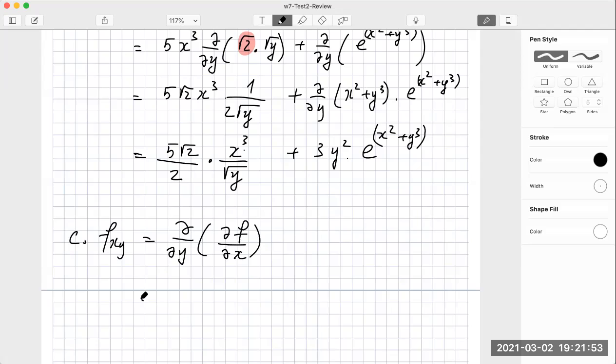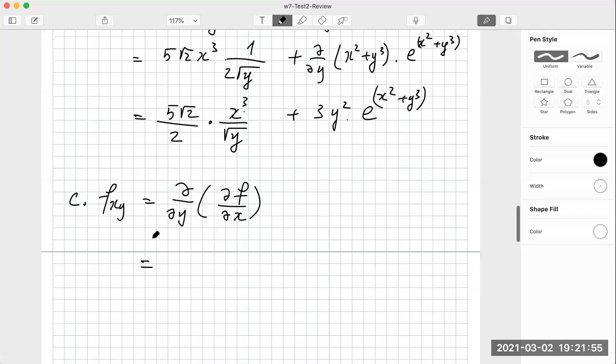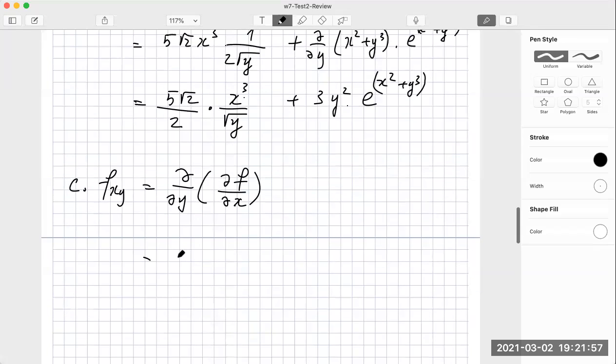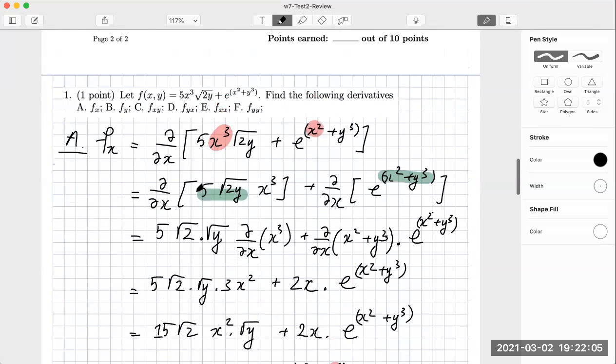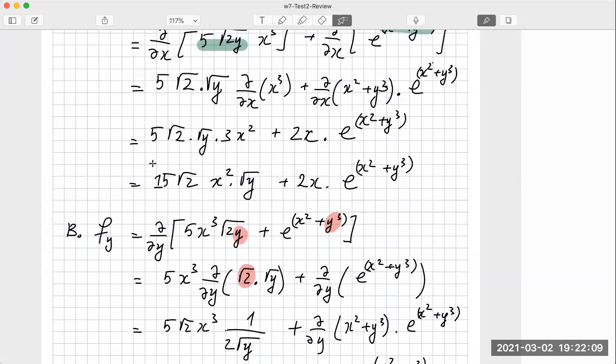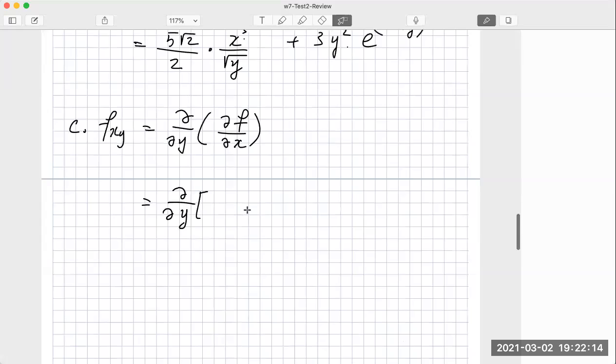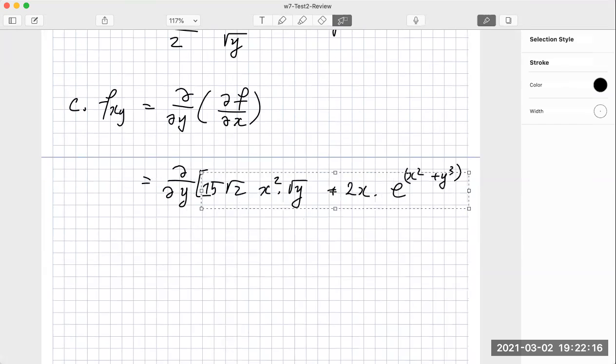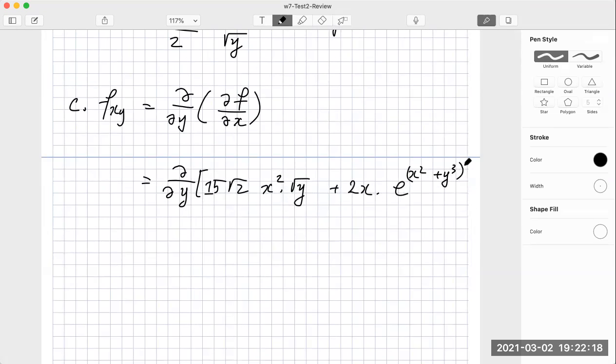Previously, it means we need to take the partial derivative with respect to y of df over dx, which is the result in part A. Let us copy it here and paste here.